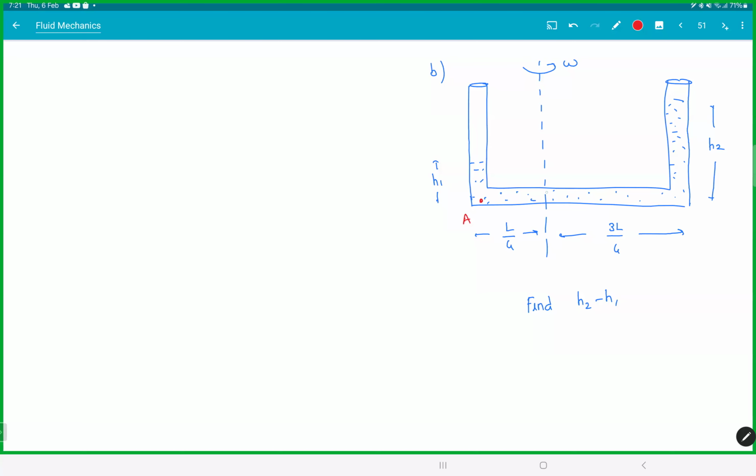Consider this point is A. Now remember, you can't directly use the formula from A to B. You can use it only from A to axis and B to axis. There, I gave you the idea there. What is PA? P naught plus rho g H1. What is PB? P naught plus rho g H2. You have everything you need. Get it?